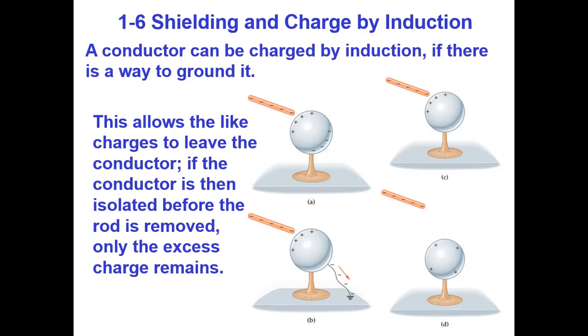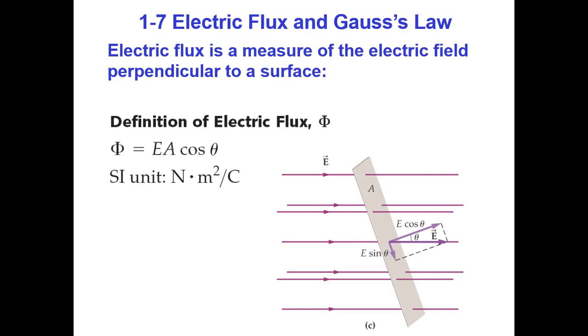The other charge will go to the earth. This allows the like charge to leave the conductor, and if the conductor is isolated before the rod is removed, only the excess charge remains.